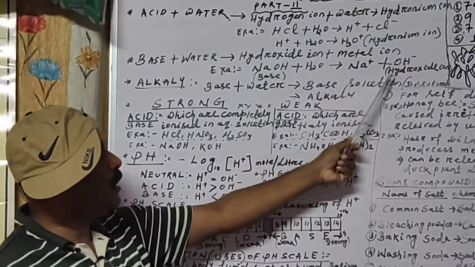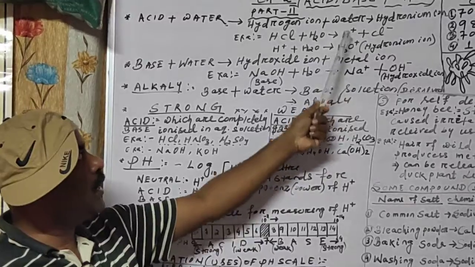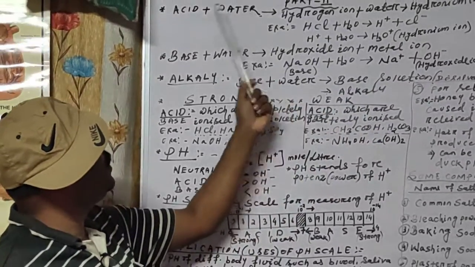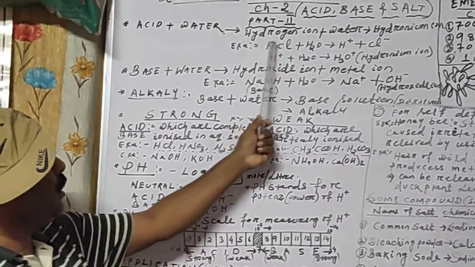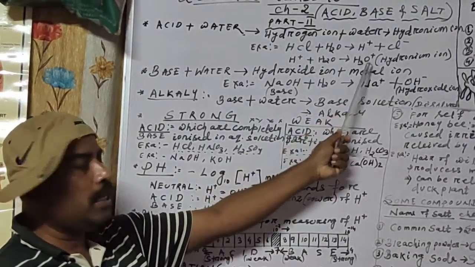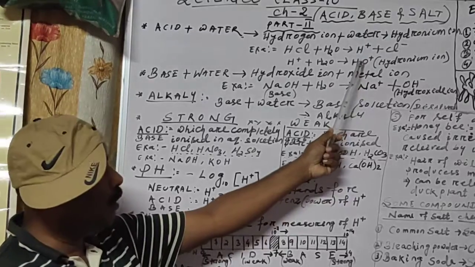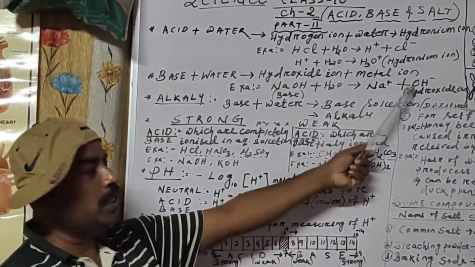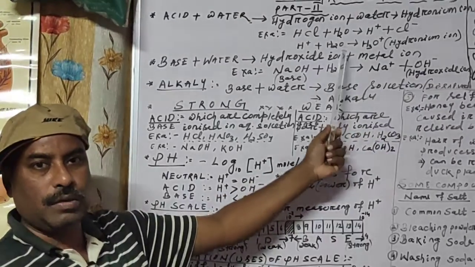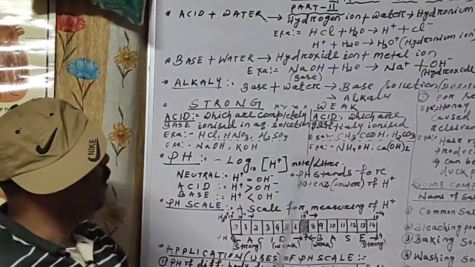This causes the difference of conduction of electricity in aqueous acid and aqueous base. Here the current can be conducted because of hydrogen ion and hydronium ion, and here current cannot be conducted because of OH minus. There is no hydrogen ion or hydronium ion in this case.